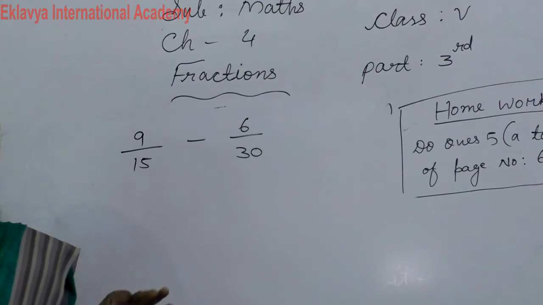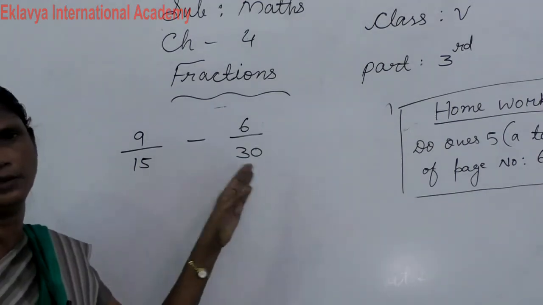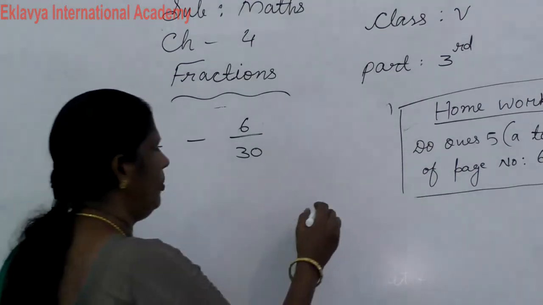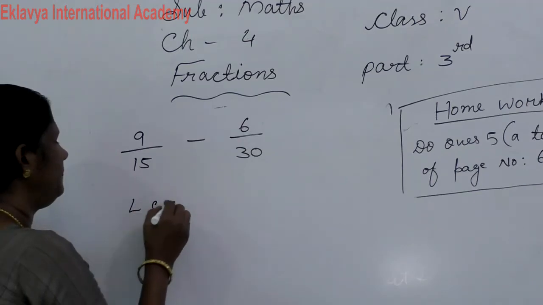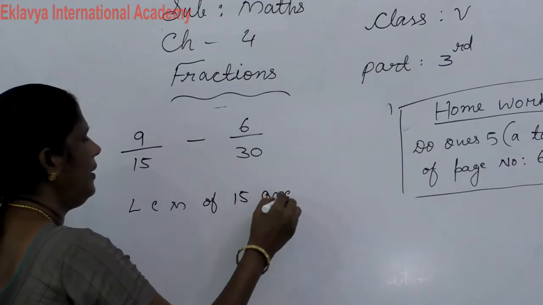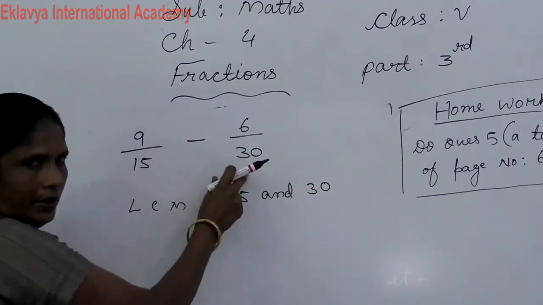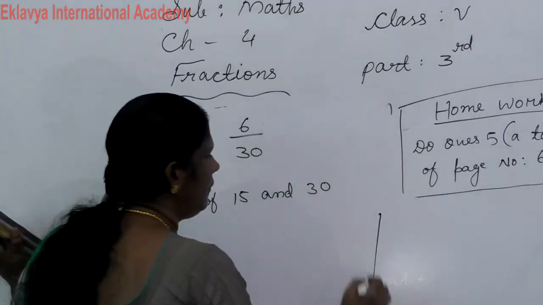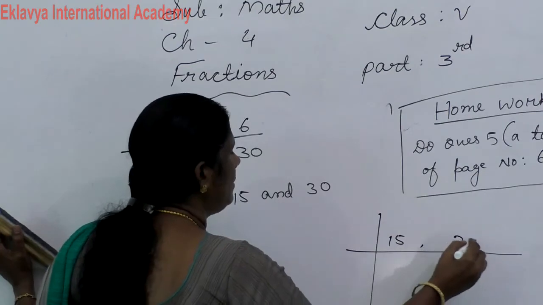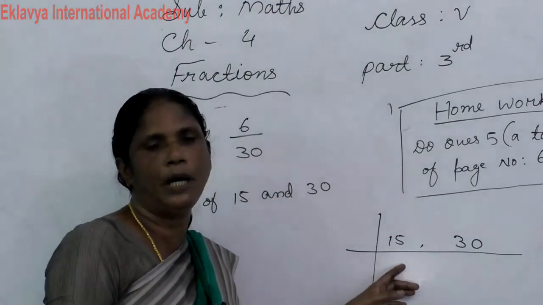First you find the LCM of the denominators, 15 and 30. Is 15 divisible by 2?